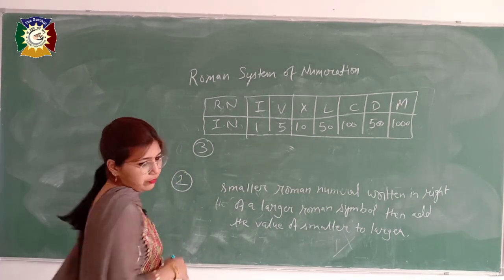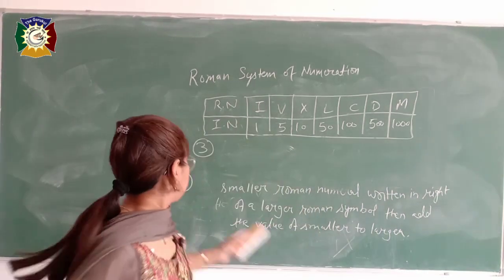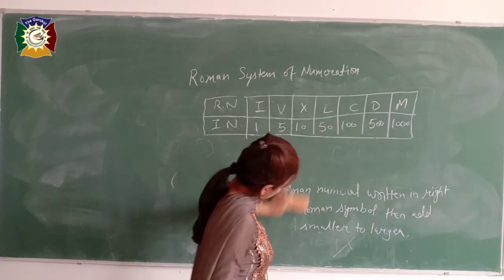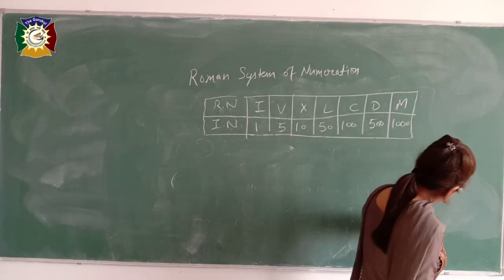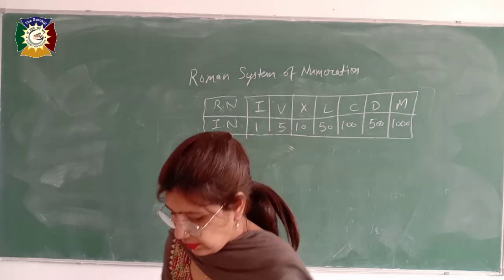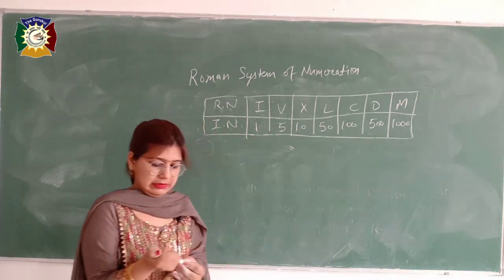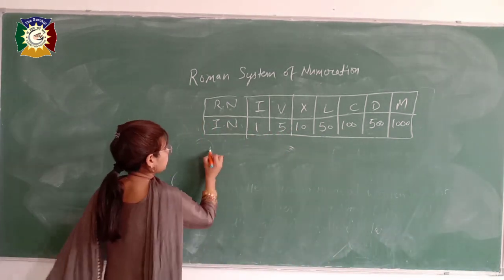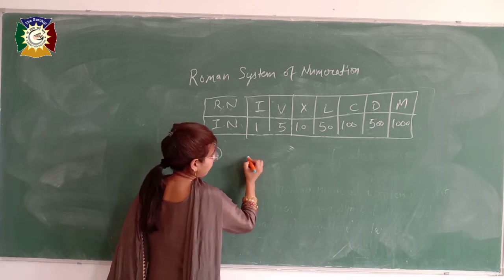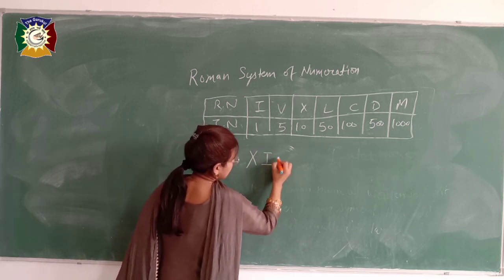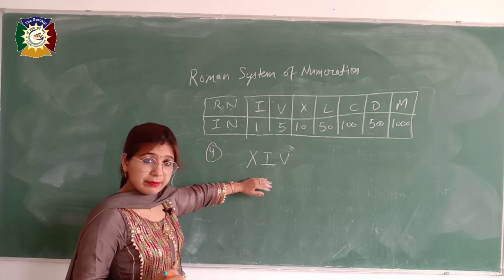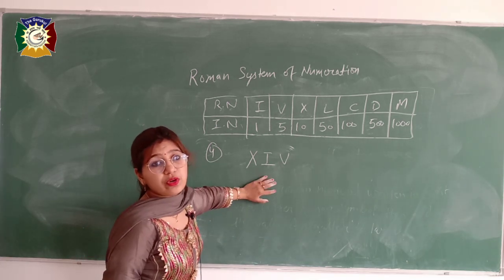Now, rule number 4. What if a number is written like this? This is rule number 4.